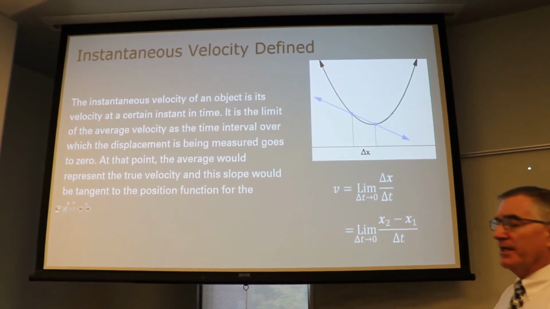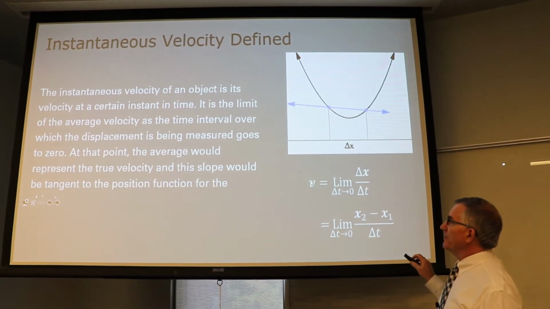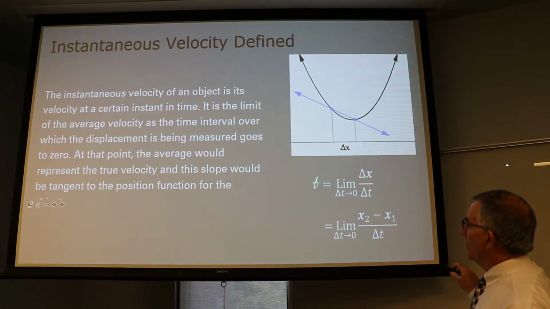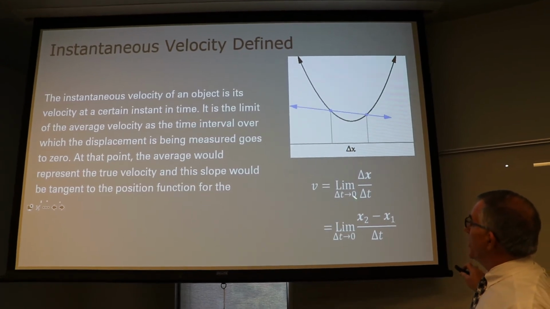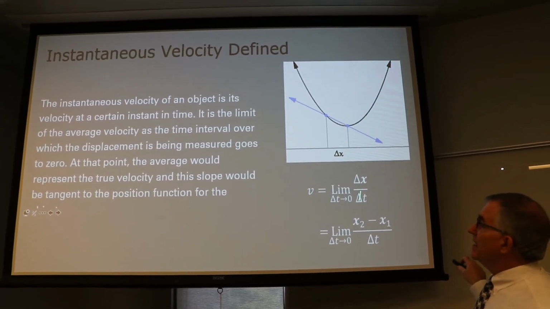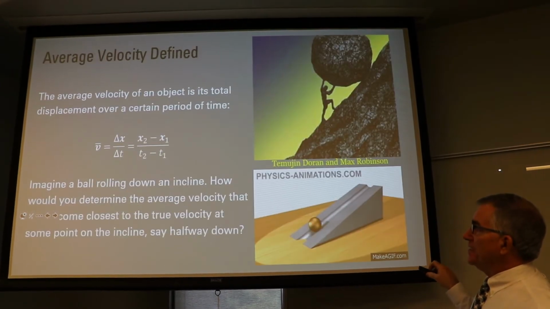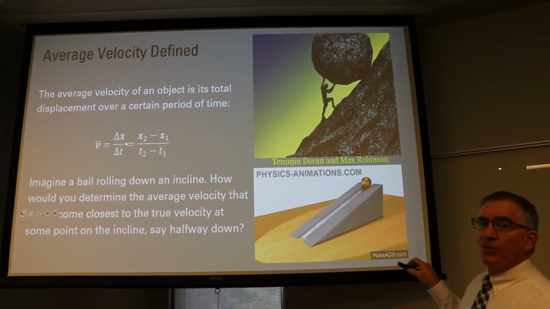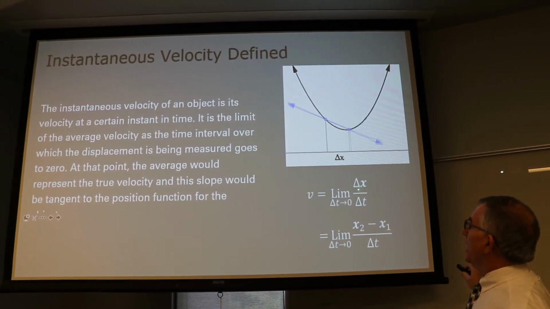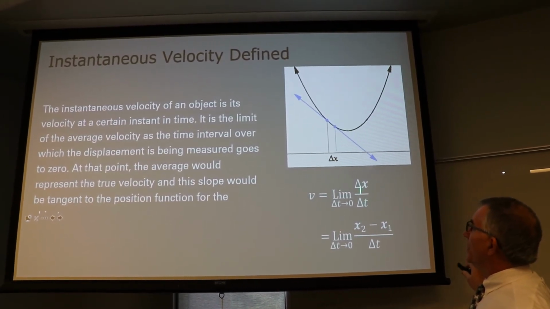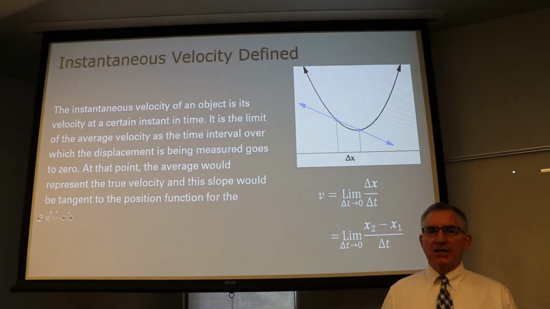So mathematically, it looks like this equation right here. So this is a vector, by the way, so there's a bold V right there. And the instantaneous velocity is the limit of the average velocity as delta t goes to 0. Because you remember, delta x over delta t on the previous slide was the average velocity. So as delta t goes to 0, the average velocity will go to the true velocity, the instantaneous velocity.